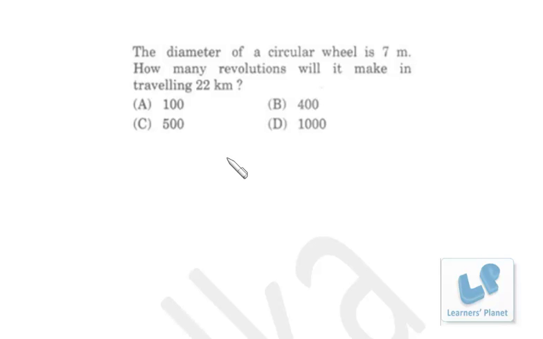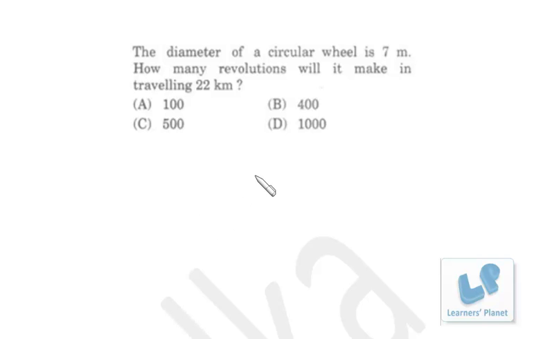Now, the diameter of a circular wheel is 7 meter. How many revolutions will it make in traveling 22 kilometer? First of all, we have to find how much distance it covers when it makes one revolution.